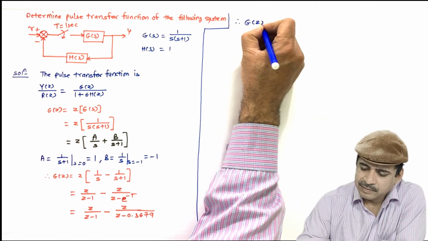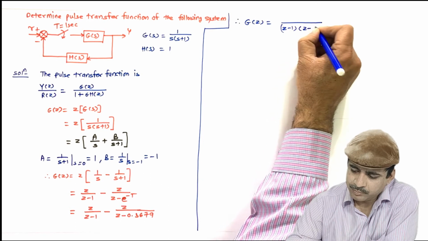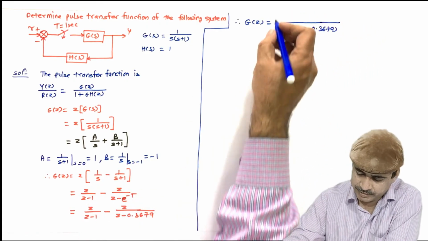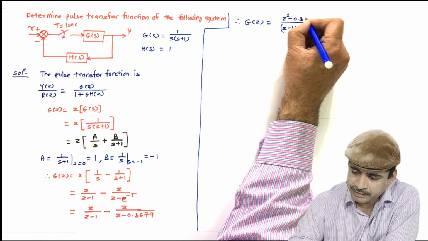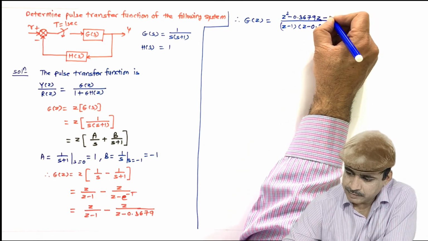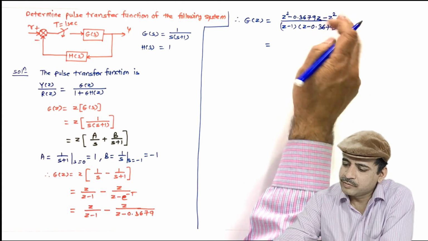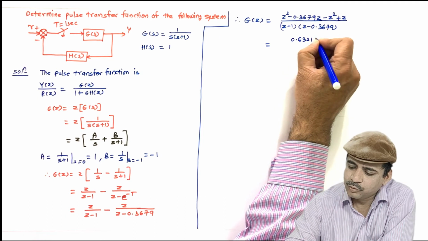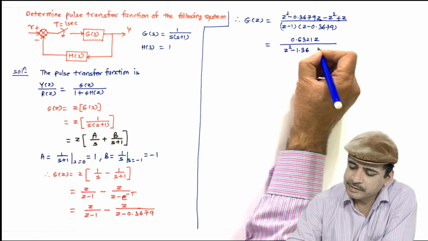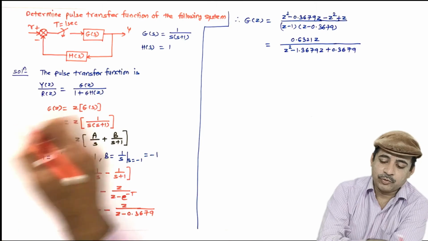So G of Z equal to, Z minus 1 into Z minus 0.3679 will be the LCM, and here I will directly have the multiplication, Z square minus 0.3679 Z minus Z square plus Z. The Z square gets cancelled, and this is equal to 0.6321 Z divided by Z square minus 1.3679 Z plus 0.3679.